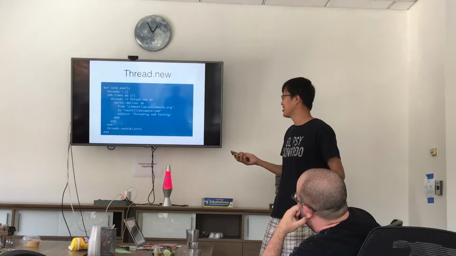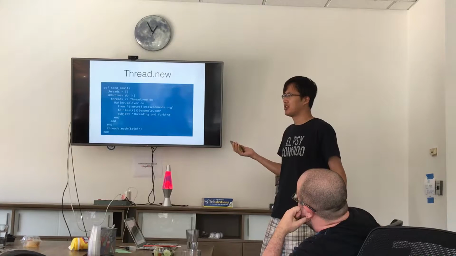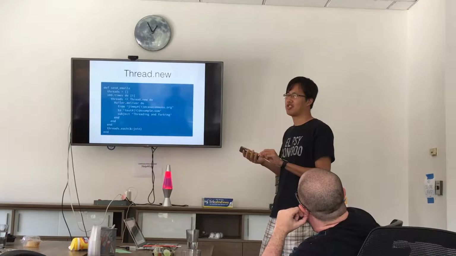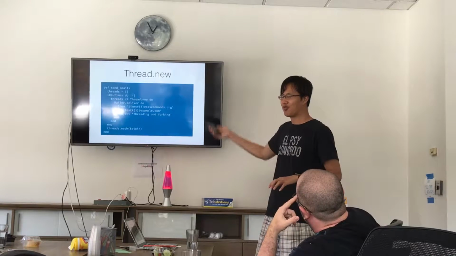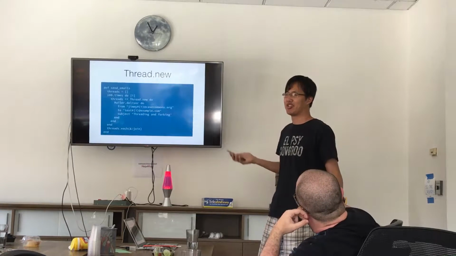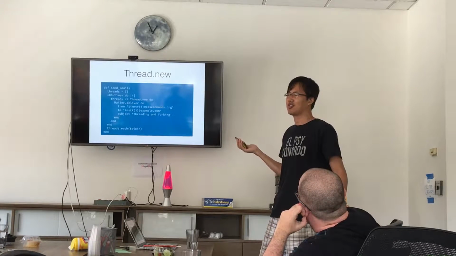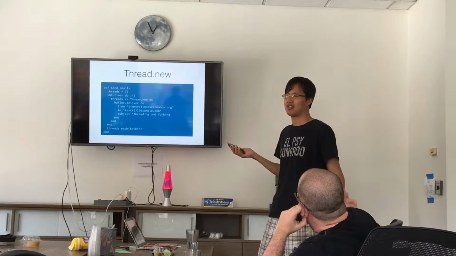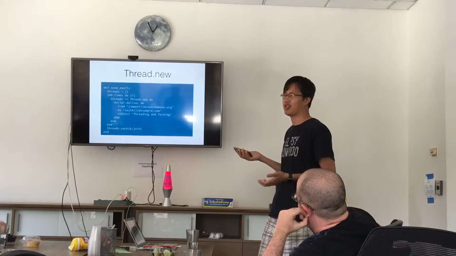Afterward, you need to call threads.join, which tells the main thread to wait until the other threads are finished. If you don't call join, the code will just go through without waiting for those threads. If that is the only thing your code is running, the process might just close, and those threads will be killed too. So you have to tell the main thread to wait until the other threads finish.